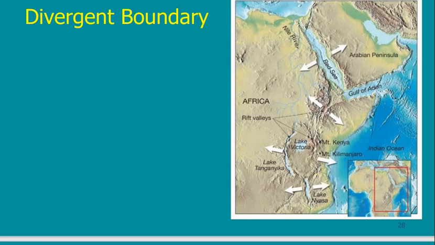We cannot do this. So there is a drift here, divergent. They are moving away from each other, and it is continuing here, and it is continuing here. So with time, maybe millions of years later, this will cause Africa really to split into two pieces.